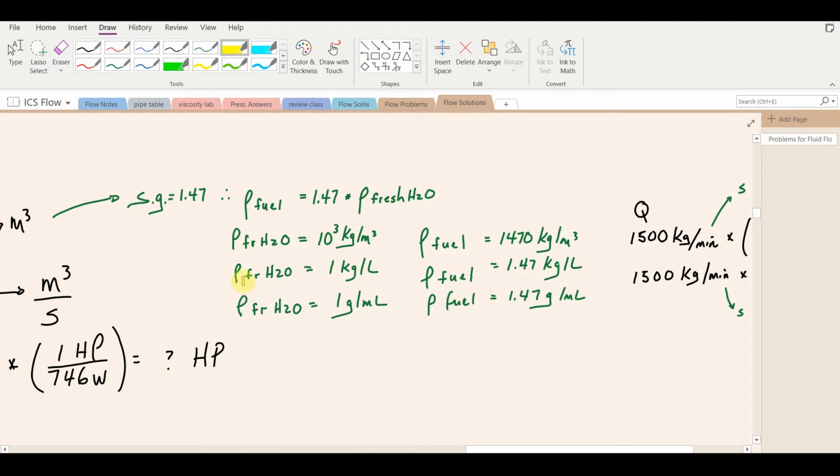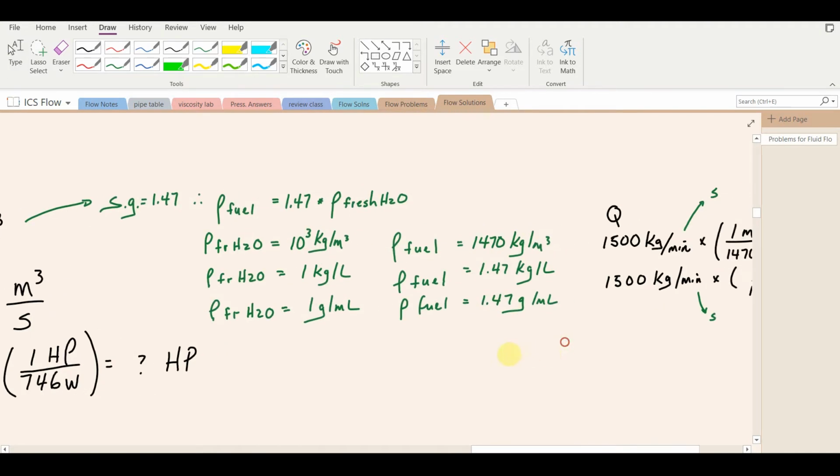Or the density of the fresh water is 1 kilogram per liter, and therefore the density of the fuel is 1.47 kilograms per liter. Or you can say the density of fresh water is 1,000 kilograms per cubic meter, and therefore the density of the fuel is 1470 kilograms per cubic meter.